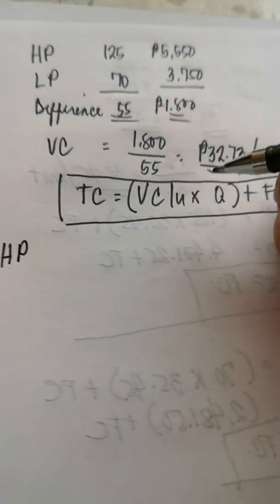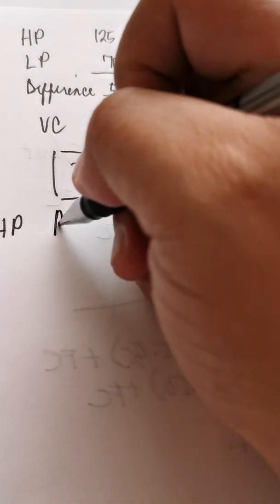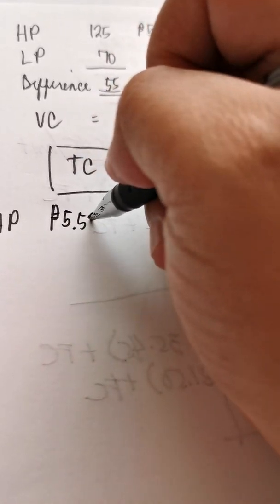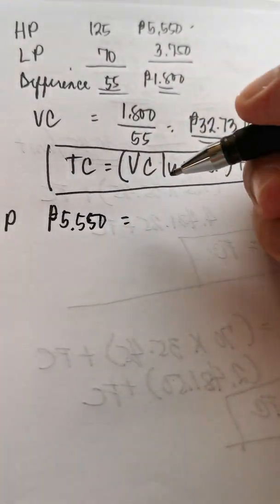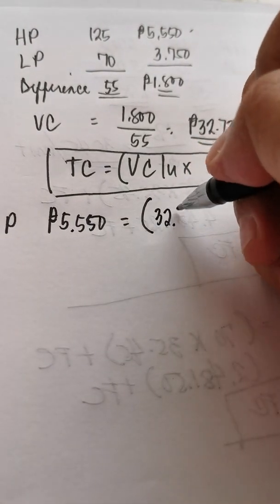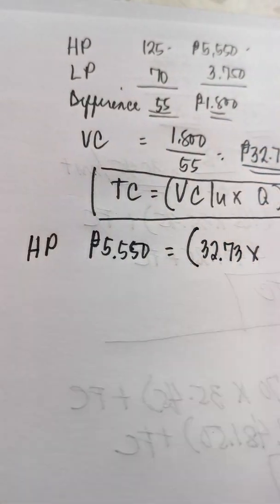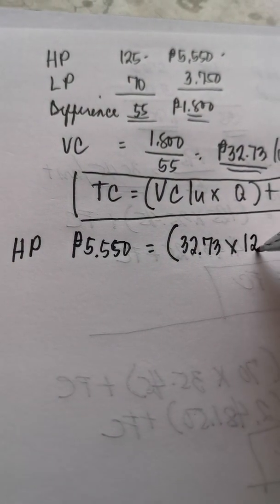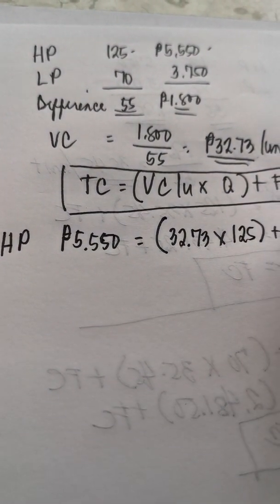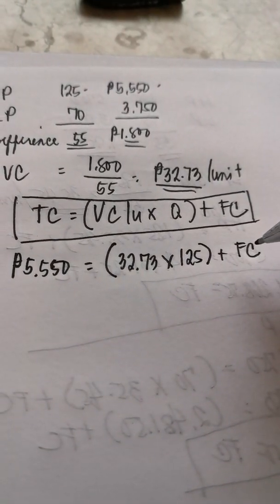If we use the highest point, the total cost is 5,550. So 5,550 is equal to the variable cost of 32.73 multiplied by the quantity of production, which is 125, plus the fixed cost. The fixed cost is the one that is unknown at this time.